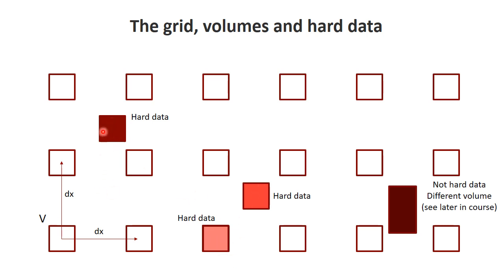These are called hard data. Why? Because they are the same size as this information. You also notice that this data does not have to lie on the grid. For example, here's data that lies exactly at the location. Of course, that will never happen in reality, or rarely happens unless you use a very dense grid.